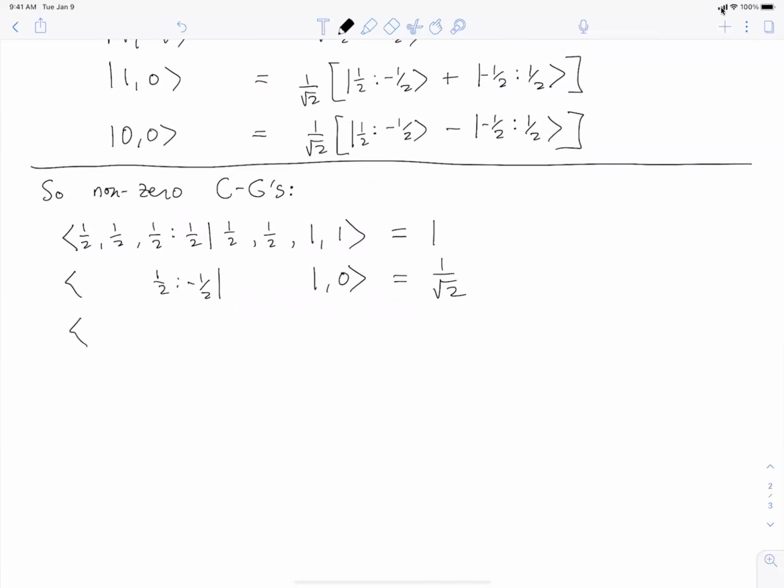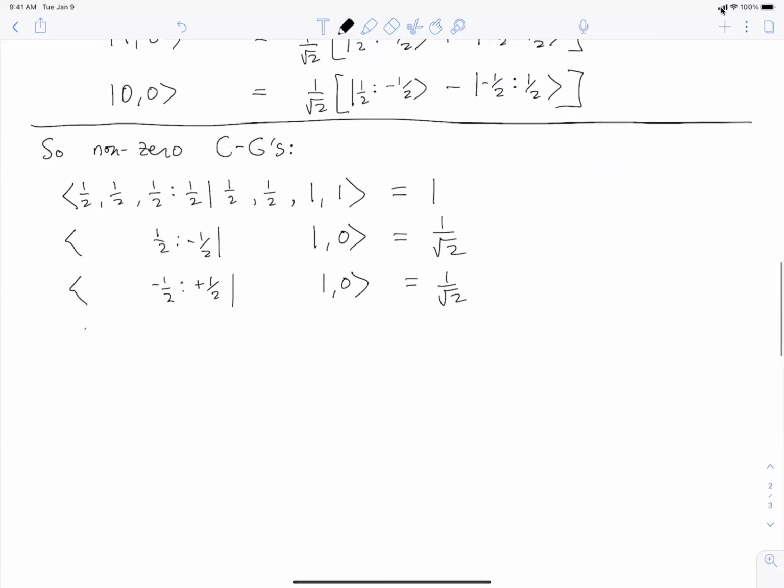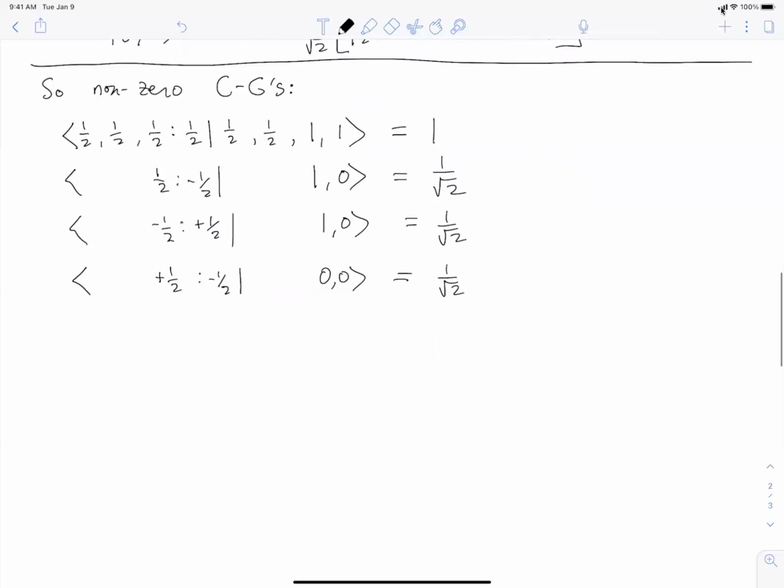So is this one, minus 1/2, plus 1/2, 1,0. Okay, and these things generally will involve lots of square roots of rational numbers. You never get something like pi or anything weird like that. So this one's also 1 over square root of 2. And then you have minus 1/2, 1/2 in the product basis with 0,0 in the total basis.